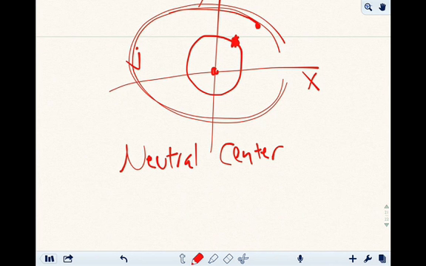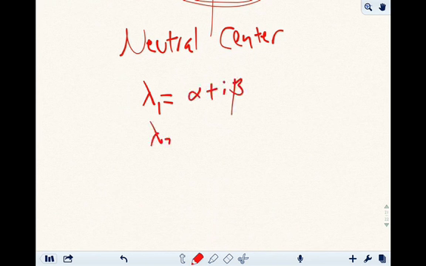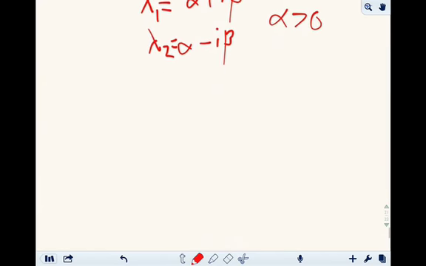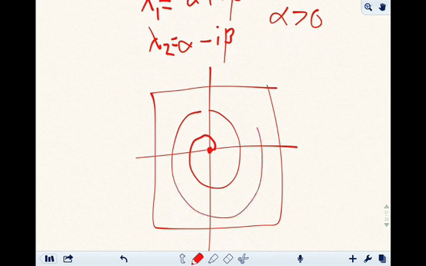Now there are others. In the prior unit, we looked at the nodal sink and nodal source. Here we've looked at the spiral sink. Spiral source is when we have our eigenvalues lambda 1 equals alpha plus i beta, and lambda 2 equals alpha minus i beta, again complex conjugates, with alpha greater than 0. In that case, our phase space is going to look like this. Here's our critical point, and it is going to spiral out.